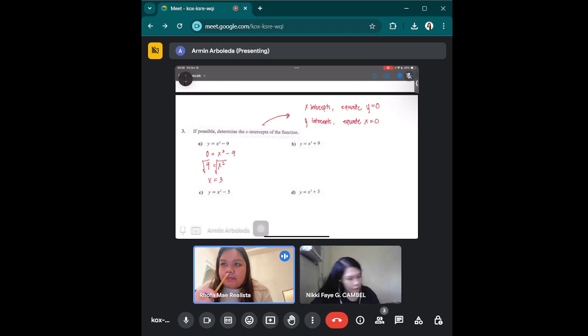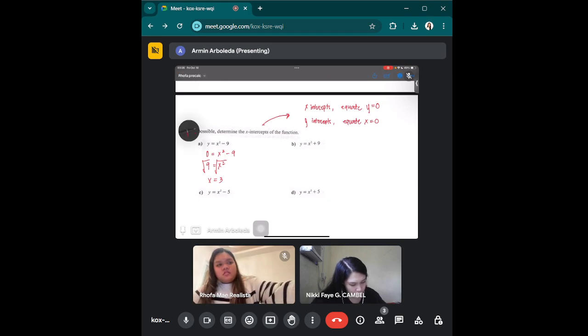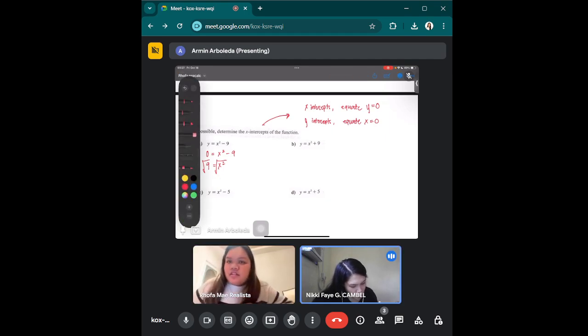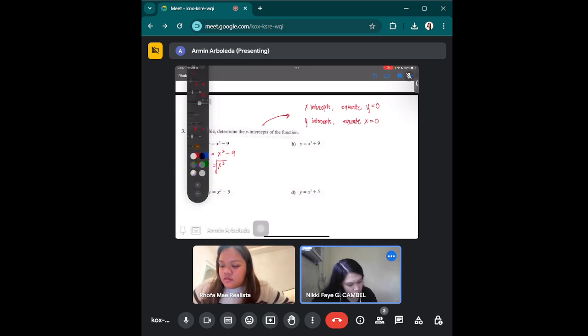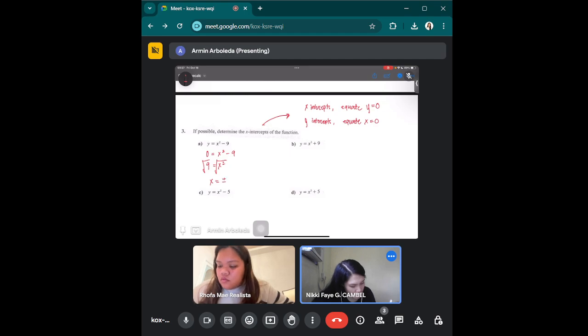So if you take the square root, it's always gonna have a positive and negative value. Okay? So x is equal to plus or minus 3. Always yan pag kumukuha ka ng square root. Especially pag quadratic function siya, dalawang roots yan.